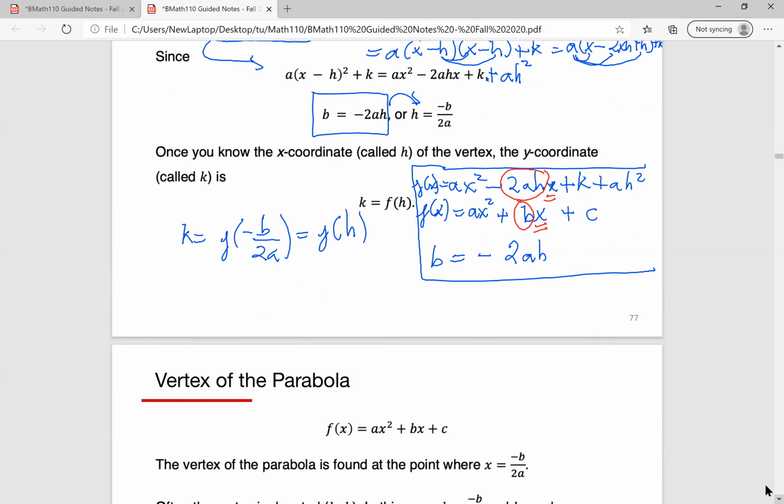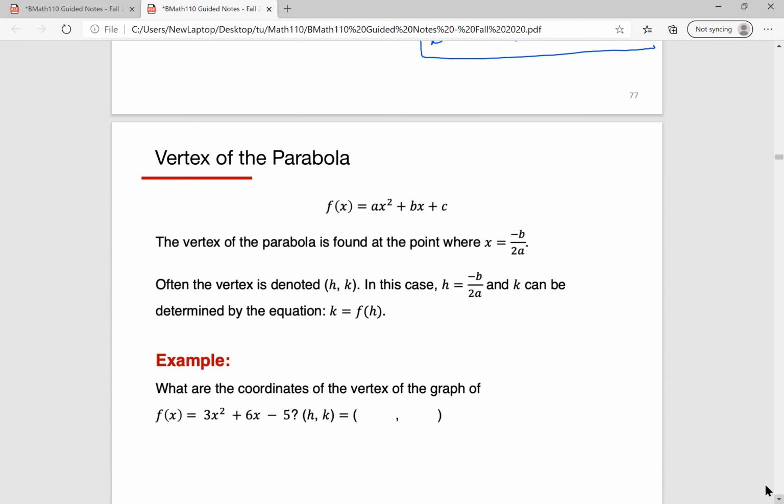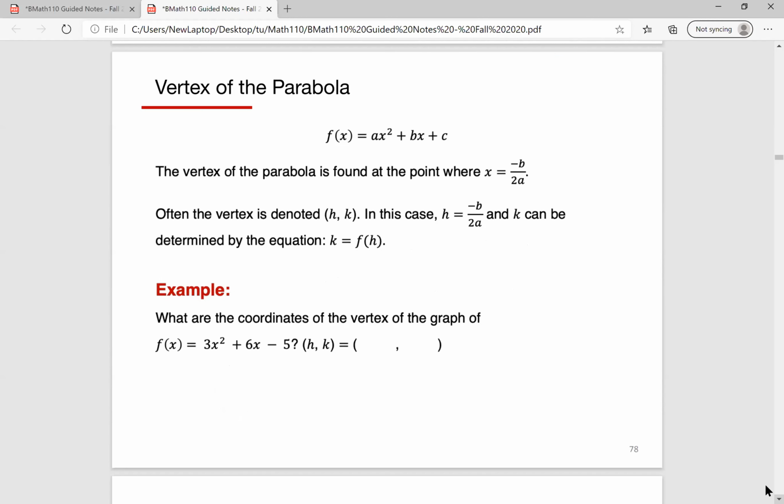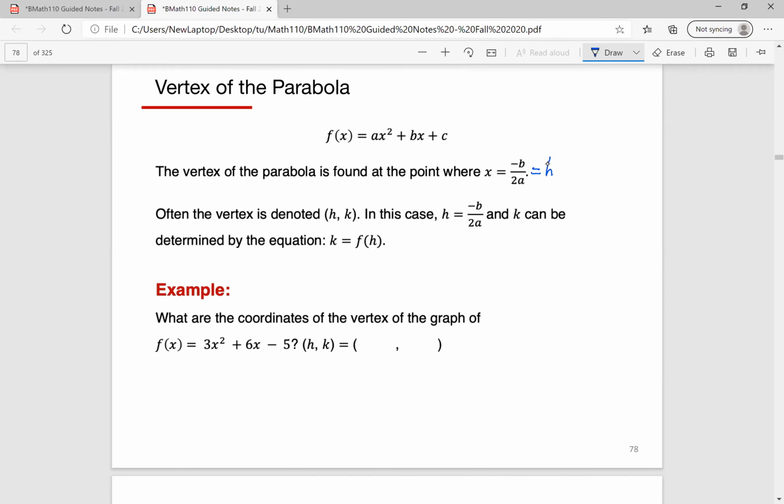Okay. So next we have some examples, I think. Actually, we're going to talk more about the vertex of a parabola. The vertex of a parabola is found at the point where x is equal to negative b over 2a, which is h. And you should know that.